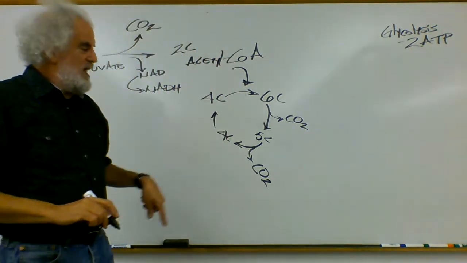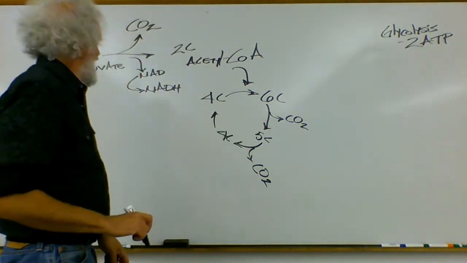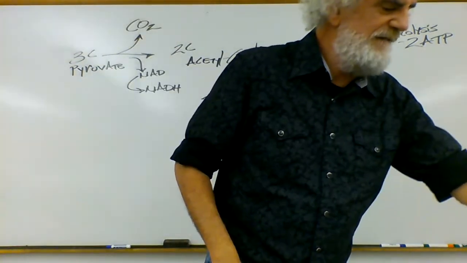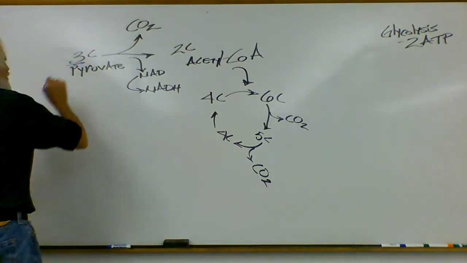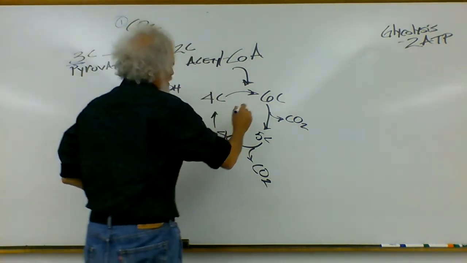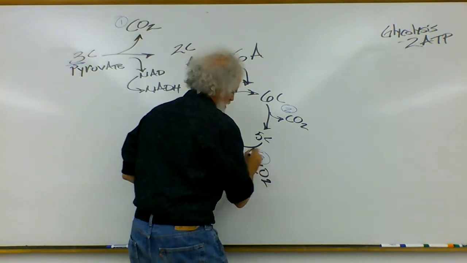So, we are dumping out carbon dioxide here and here. And just as a little point, let's do a quick carbon dioxide tally. We started out with 3 carbons. There's carbon 1, there's carbon 2, and there's carbon 3.